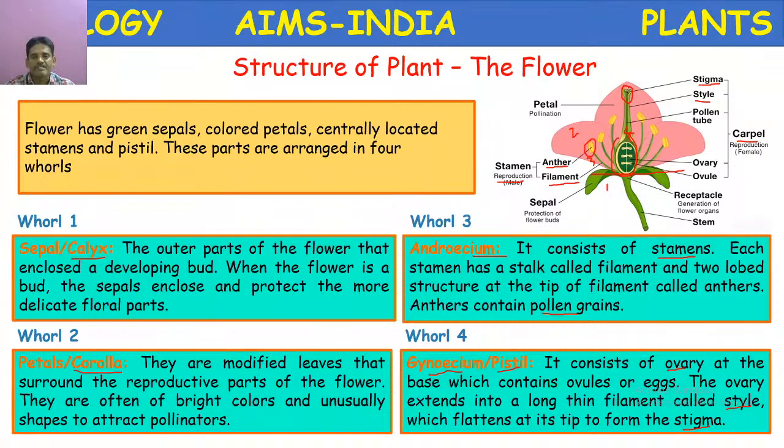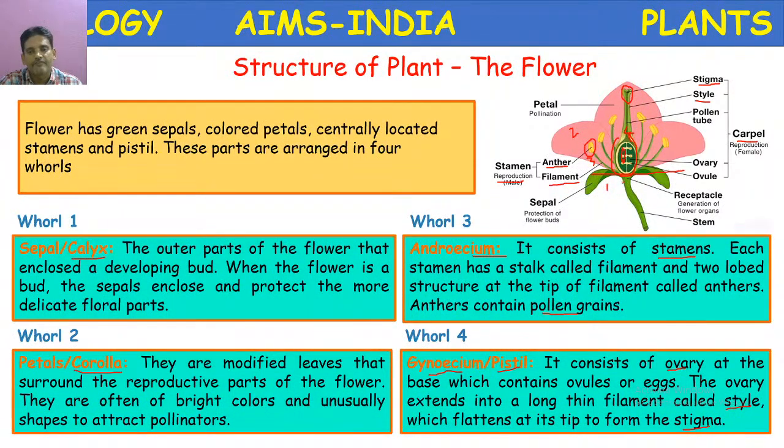The main purpose is that it receives the pollen grains at the time of pollination. So this is the female reproductive part of the flower. In the ovary you will see an arrangement of ovules like this. There are several dots you can observe here.